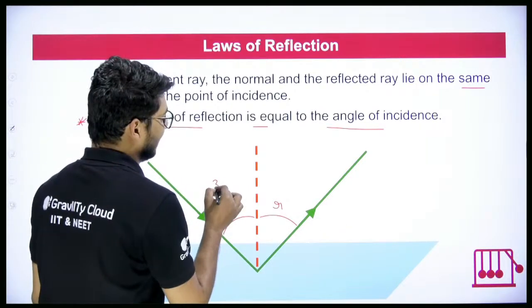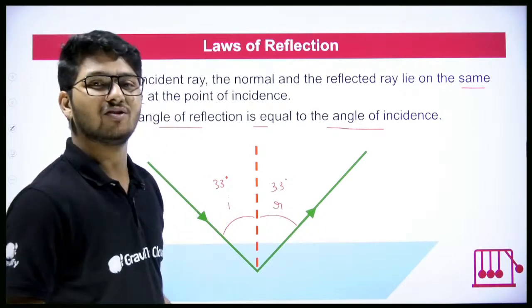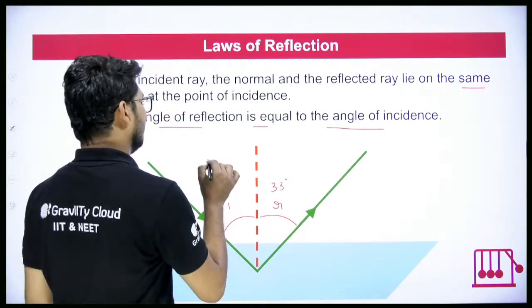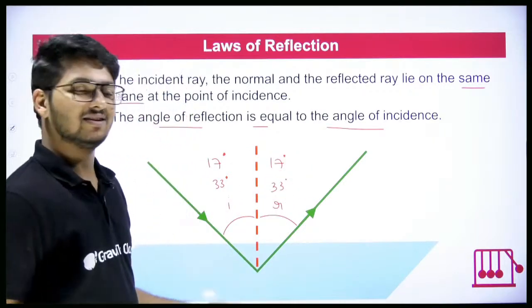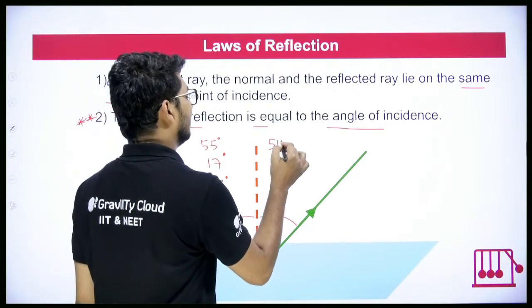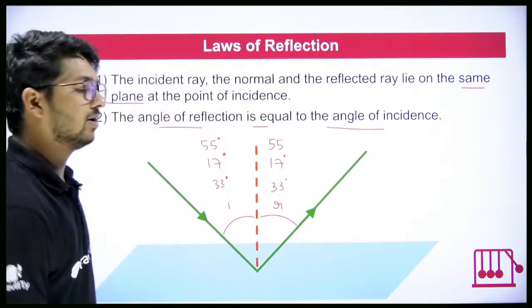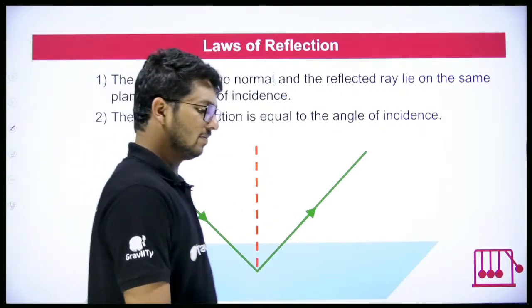That means if I is 33 degrees, R will be 33 degrees. Both of them will be equal. If I is 17 degrees, R will be 17 degrees. If I is 55 degrees, R will be 55 degrees. Both of them will be equal. Got it? Second one is pretty simple.